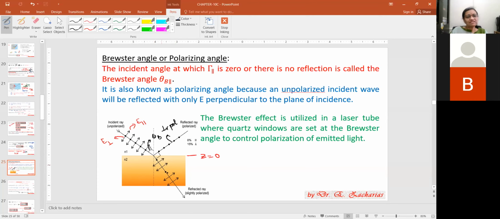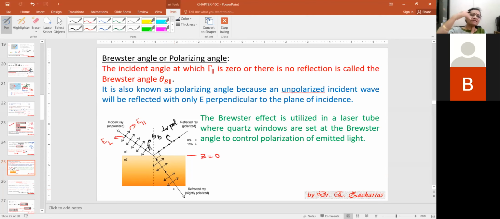So what will be essentially transmitted will be this parallel. Parallel will get transmitted completely. Some part of perpendicular also will get transmitted, but what is reflected will not have any parallel. It will be completely polarized light. So if you want to separate out parallel, you have to have successive polarizer layers.